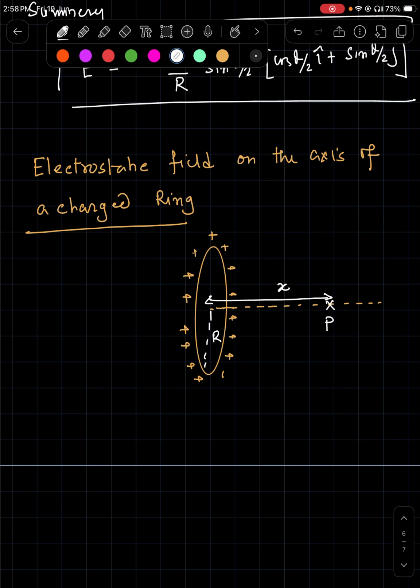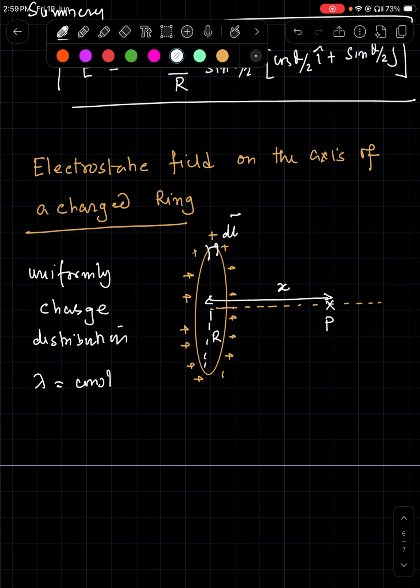Again, I am going to take a particular line element, dl, say here, and the line charge density. It is a uniformly charged distribution, which means lambda equals constant.